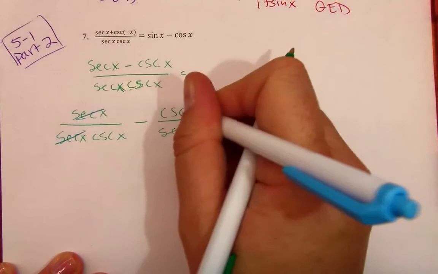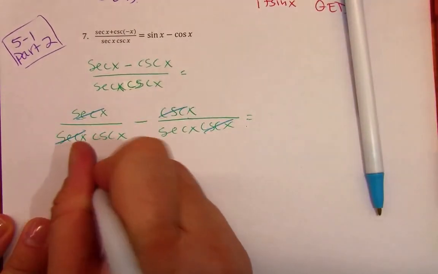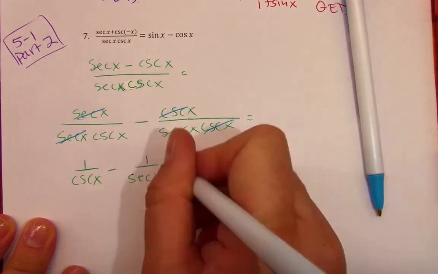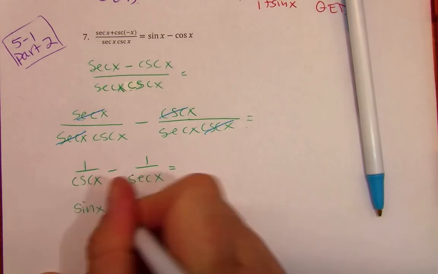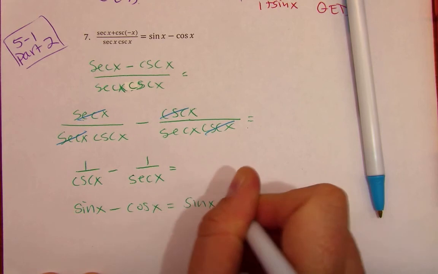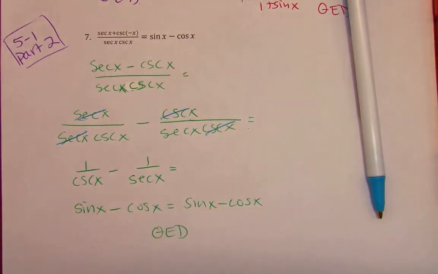So that cancels and that cancels. And I'm left with 1 over cosecant x minus 1 over secant x. And this is sine, and this is cosine. And that's what we wanted to prove.